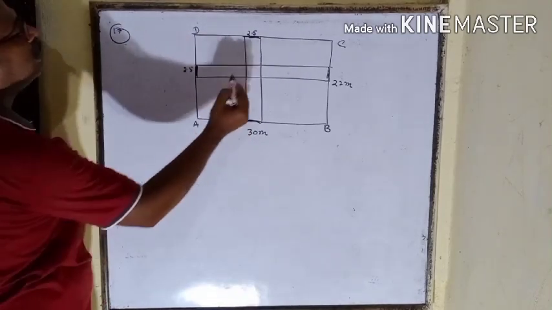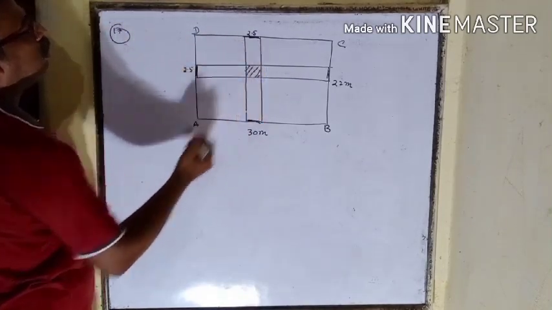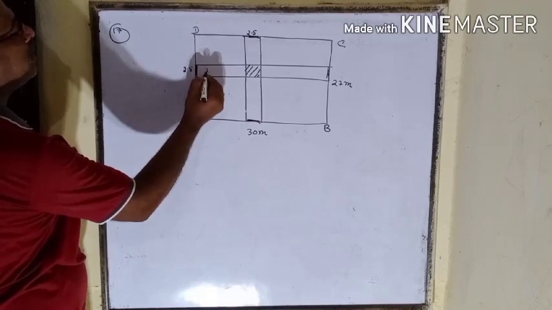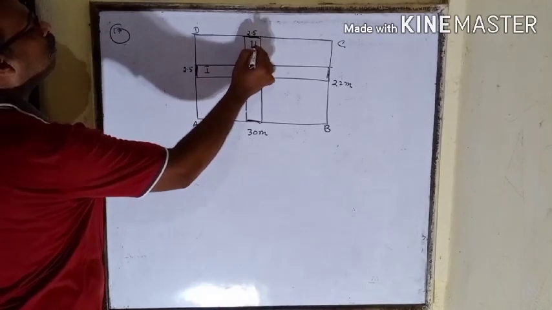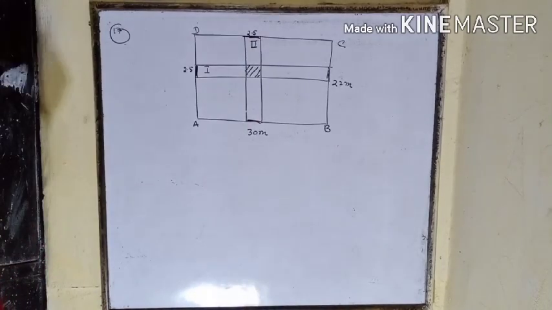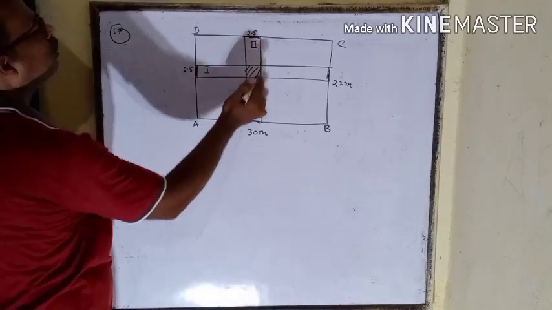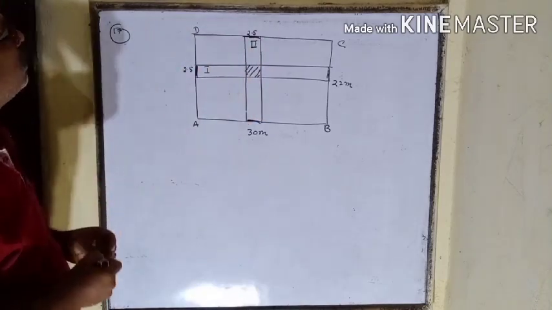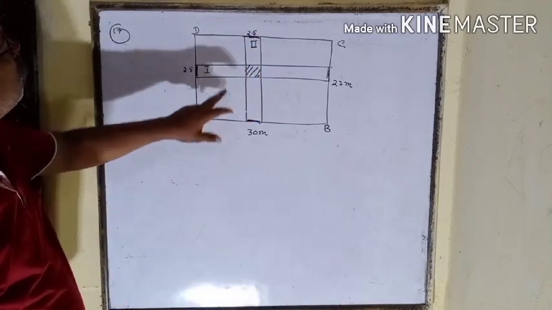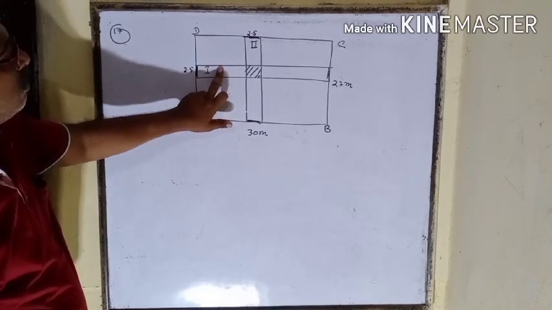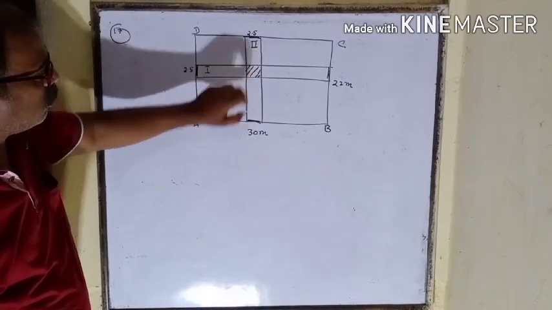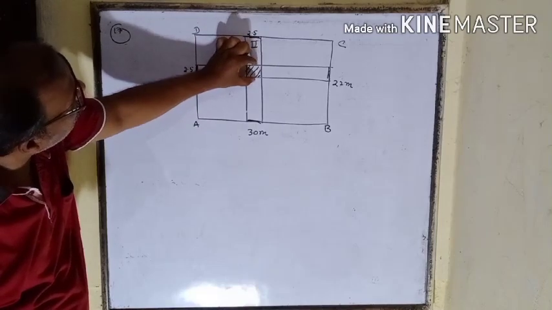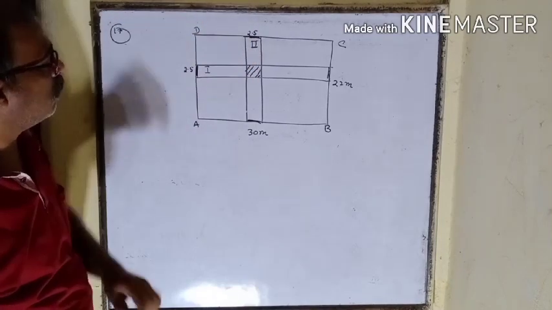So you will find that this portion is common to both. So mark it 1, mark it 2. So one crossroad is this one, another crossroad is this one, and this is common to it. So we'll find the total area of the crossroad. We'll find out the area of this crossroad, find out the area of this crossroad, and from that we'll subtract the area of this crossroad because this is common to it.